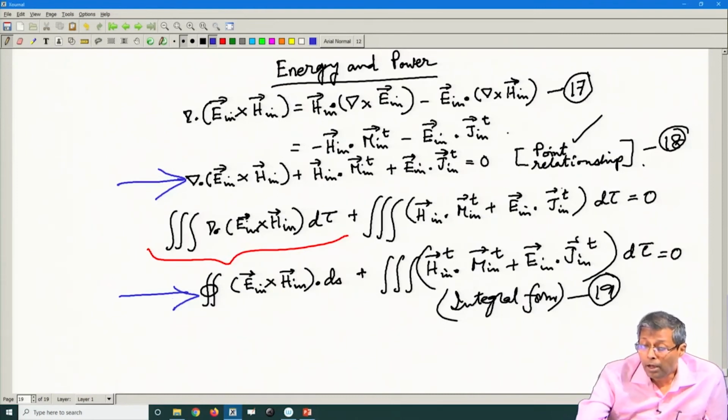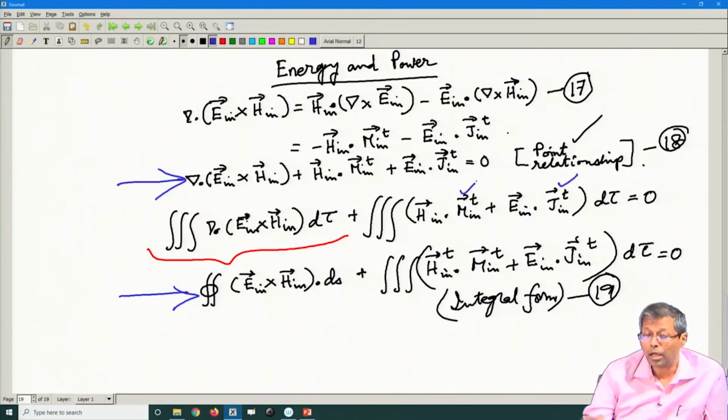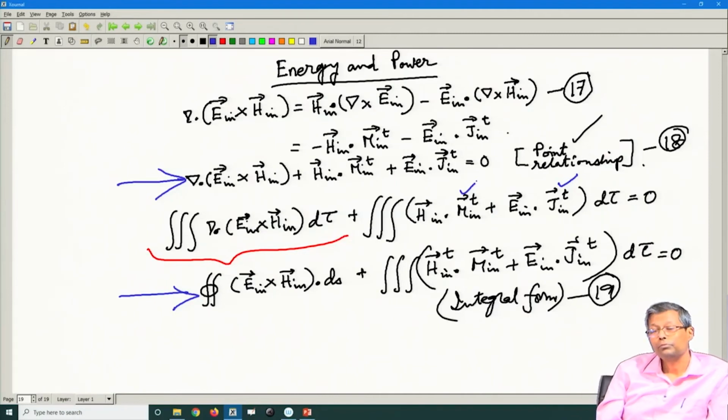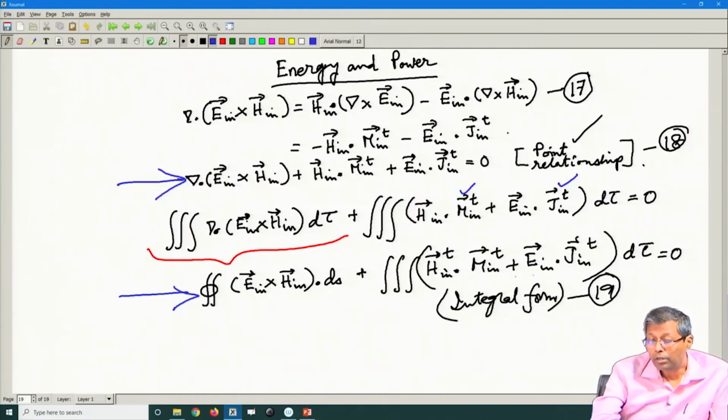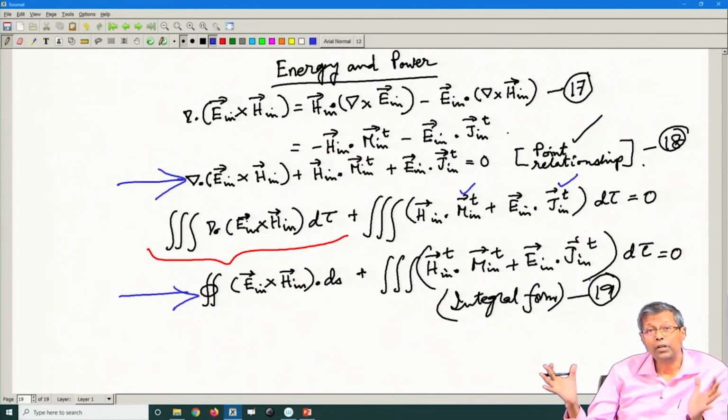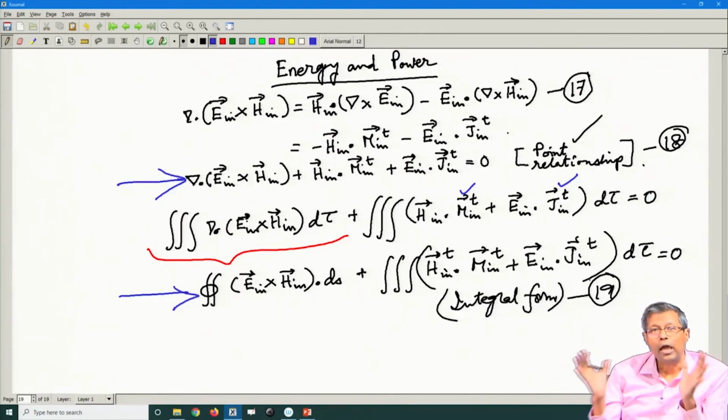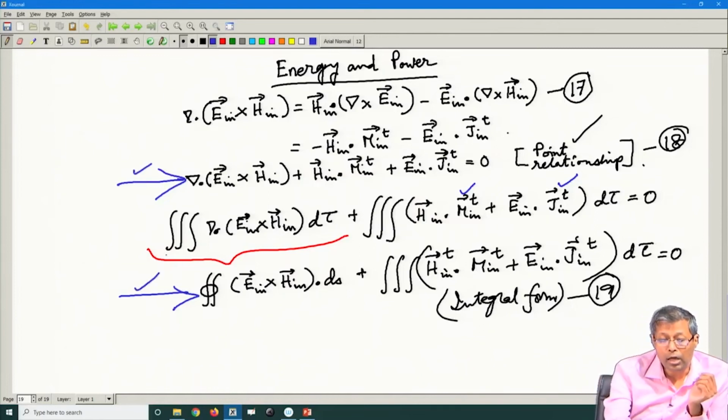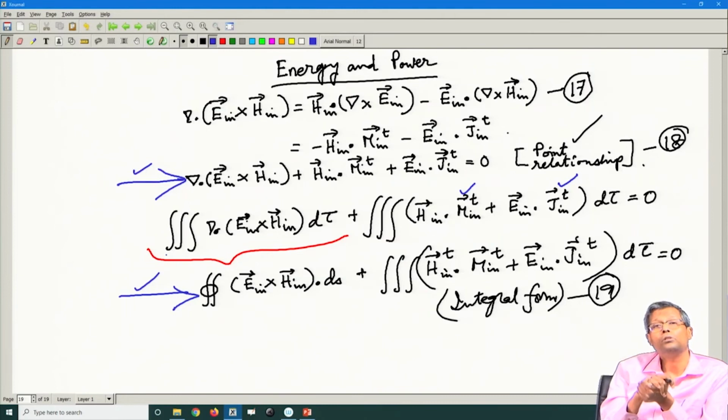That can be easily seen by plugging in these terms J in t, M in t here. If I write down the equations of J in t, M in t, which we derived before, we will evaluate this and find that each of these terms turns out to be different terms which fit together in the jigsaw puzzle, and in totality these two equations read as the conservation of power equations.